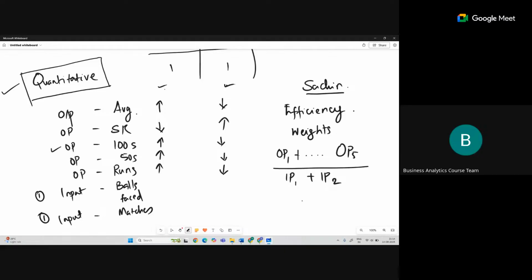Now Sachin is solving a DEA problem to maximize his own efficiency. How does he do that? He is going to have some weights for his outputs and some weights for his inputs.